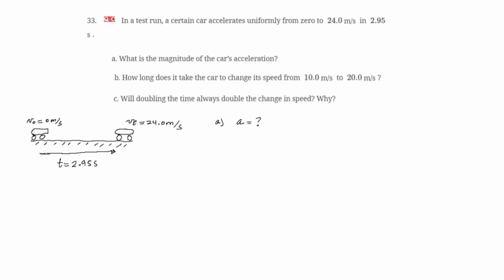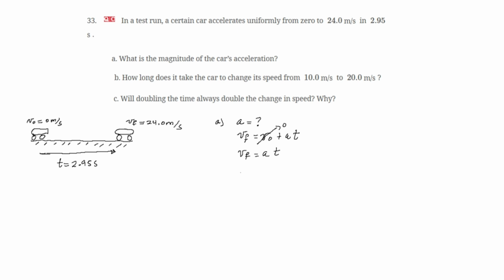So if we review our formulas of kinematics, we have this formula that says that the final velocity is equal to the initial velocity plus the acceleration times time. We know that in this case the initial velocity is 0. So the final velocity is equal to acceleration times time. So if I divide this final velocity by the time, it would be equal to the acceleration.